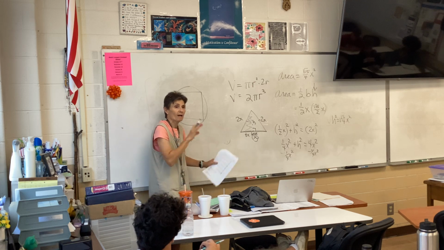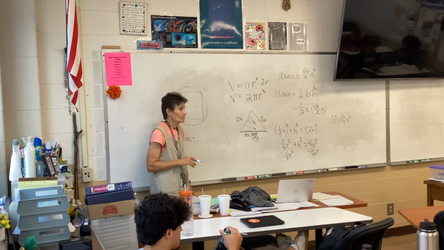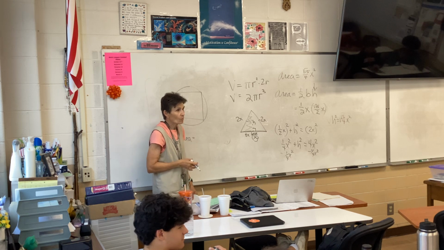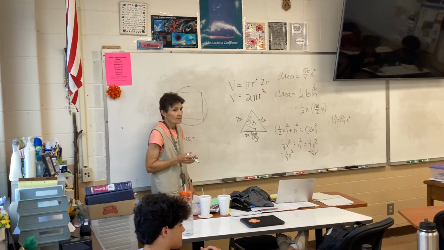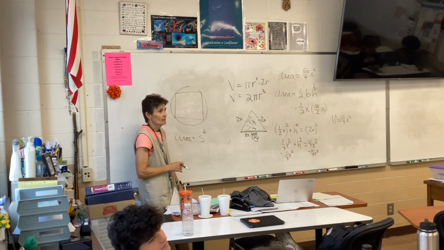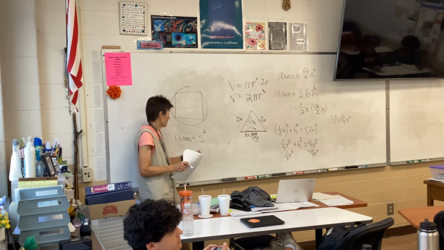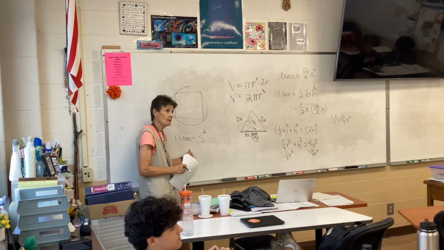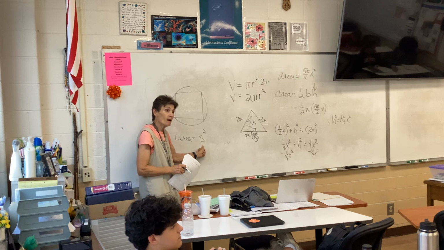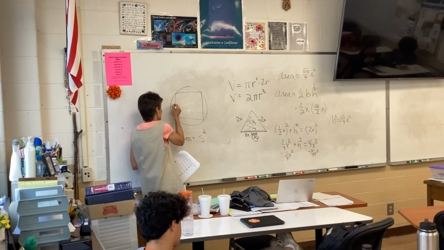What's the formula for the area of a square? And since it's a square, length and width are the same, so we normally just say s squared, side squared. But that is length times width, they're just the same. Now, this is a formula for the area of a square in terms of its side.